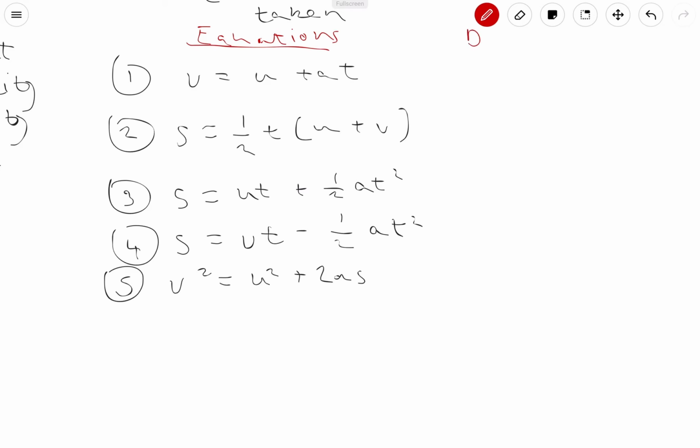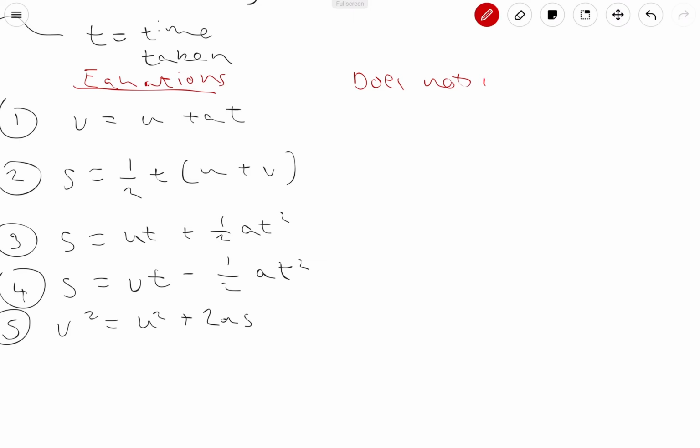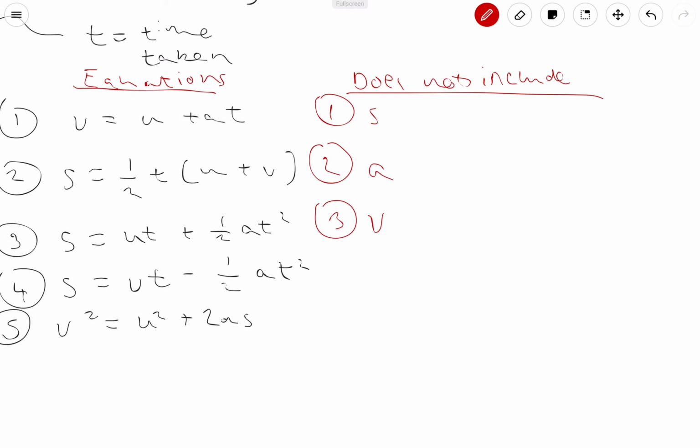So equation 1 does not include displacement, equation 2 does not include acceleration, equation 3 does not include final velocity, equation 4 does not include initial velocity, and equation 5 does not include the time.